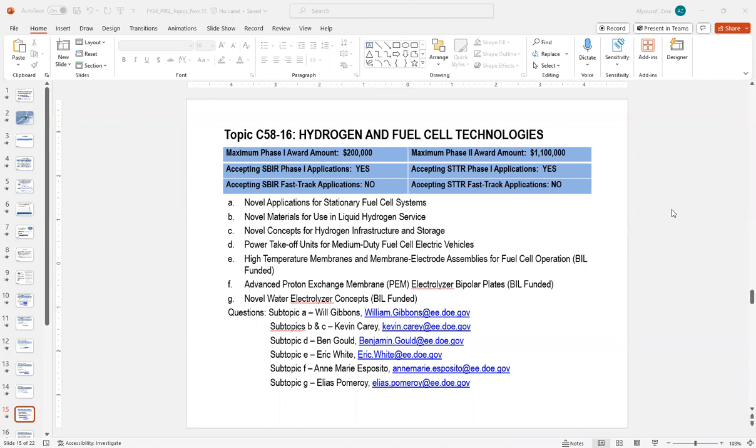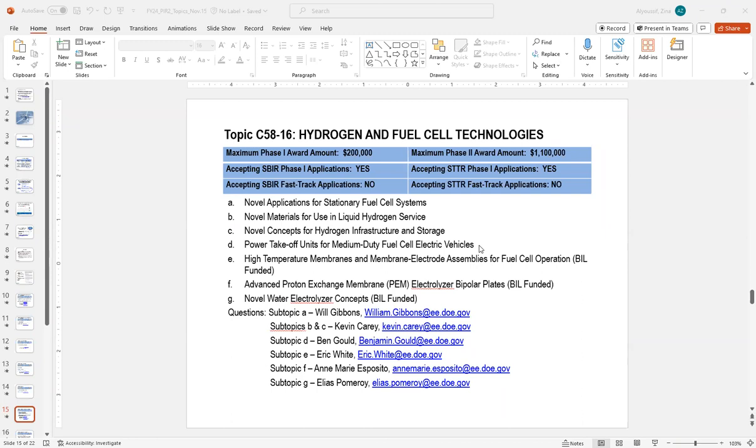But there are real cost advantages if we can extend those operating conditions. So this topic solicits new ionomers and membranes that are integrated into membrane electrode assemblies for high temperature PEM fuel cells. We'd encourage MEAs that are suitable for heavy duty applications.